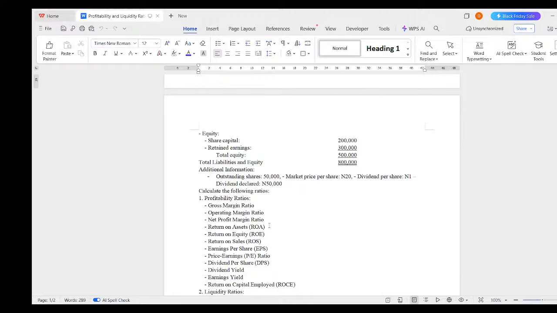So these are the profitability ratios we are going to calculate.